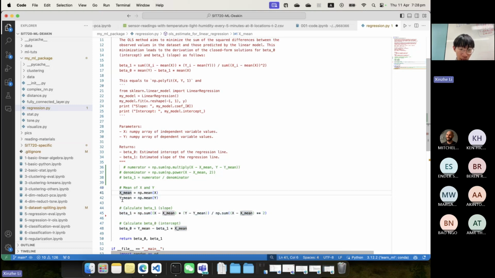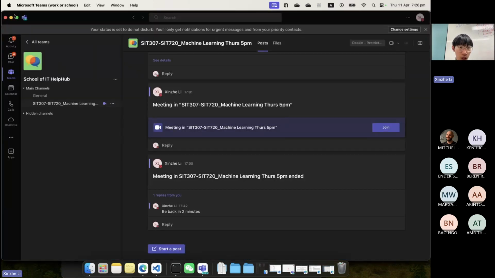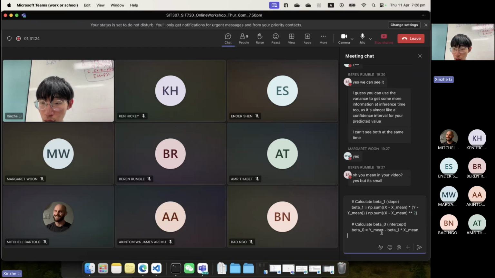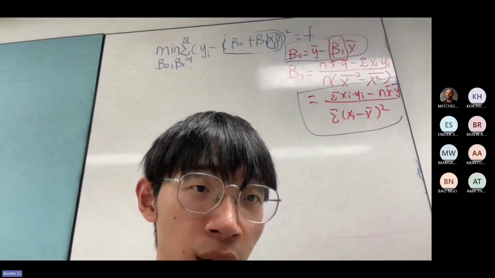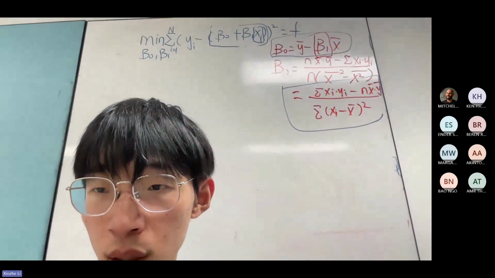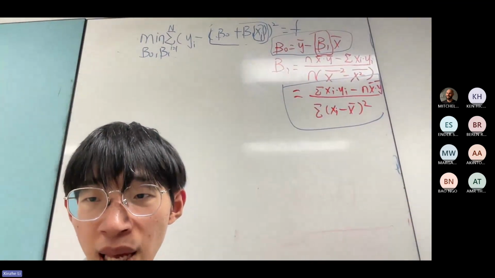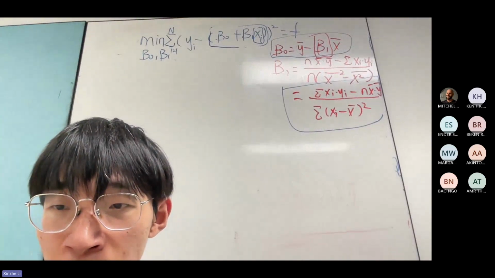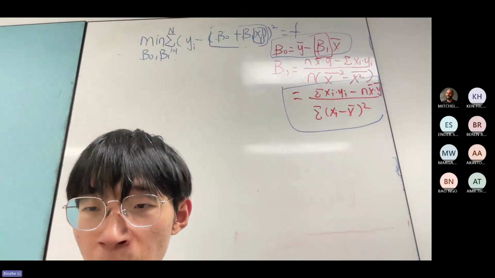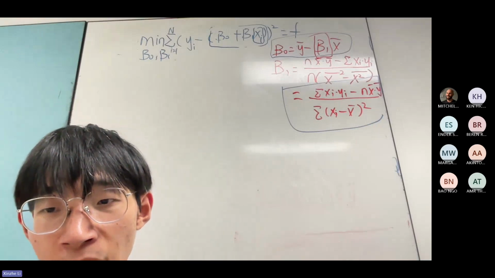But here is the calculation of the mean. Now here is the equation, the Python equation. So let me share it here. Okay, so I will stop sharing. Now let me go back to this. So you see, I calculate beta 0 equal to y mean minus beta 1 times x mean.